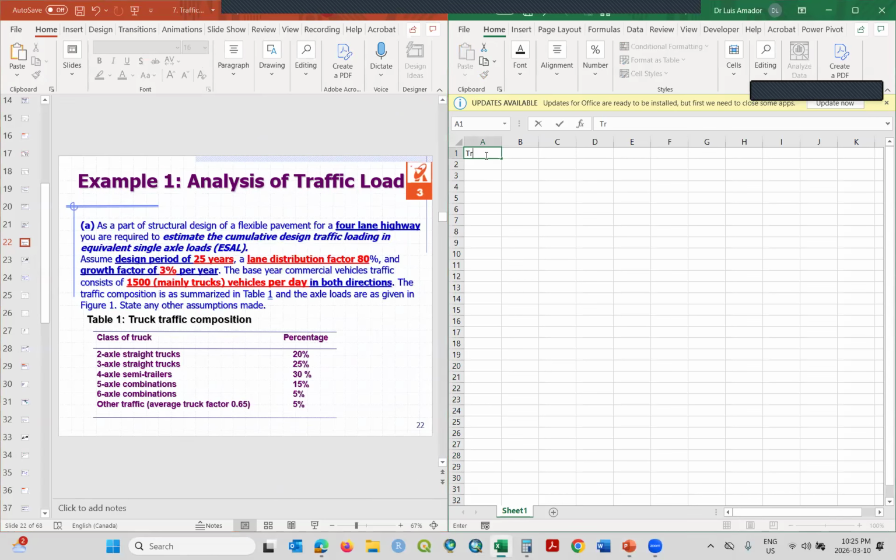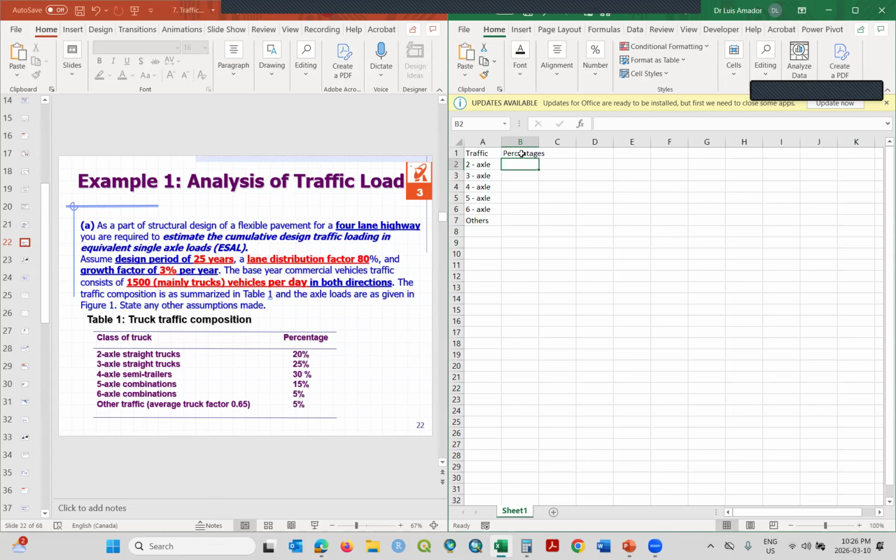and we have our traffic: 2-axle, 3-axle, 4-axle, 5-axle, 6-axle, and the others. Okay, and we have here the percentages.